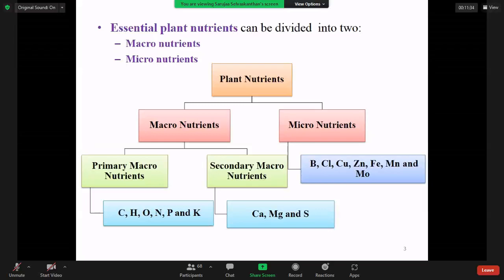The primary macronutrients are carbon, hydrogen, oxygen, nitrogen, phosphorus, potassium. The secondary macronutrients are calcium, magnesium, sulfur. And the micronutrients are boron, chloride, and so on. You have to know these micronutrient examples, and then we will see what the main things are that you have to focus on.